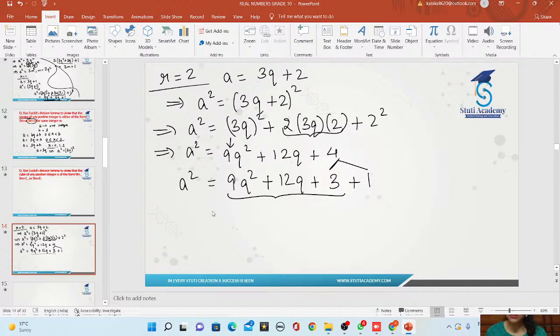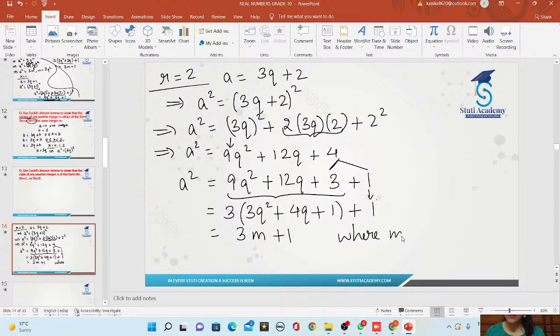Now from these 3 terms, I'm going to take 3 common. So we'll get 3q square plus 4q plus 1, and this plus 1 I'm writing as it is. So this is 3m plus 1, where m is 3q square plus 4q plus 1. So the square of a we have written in the form of 3m plus 1.